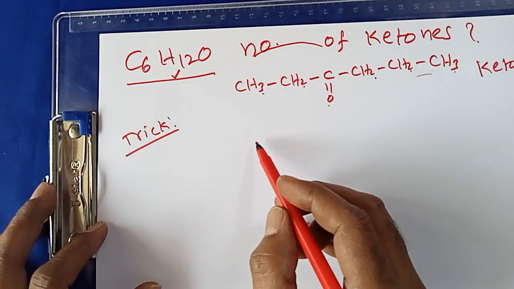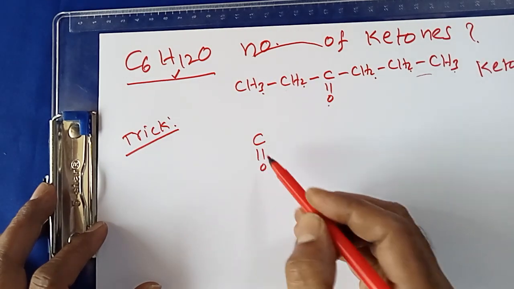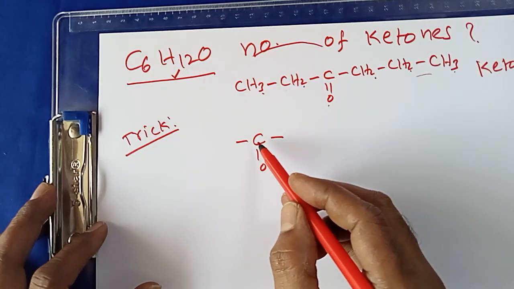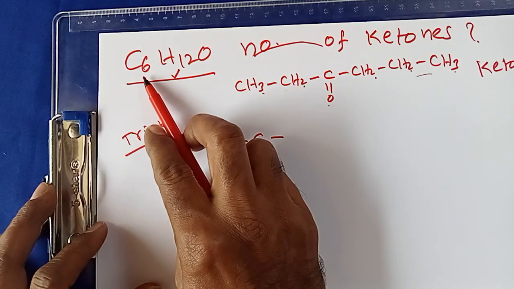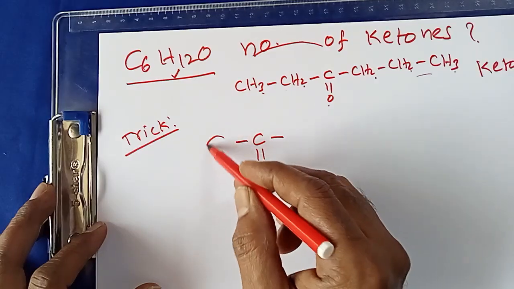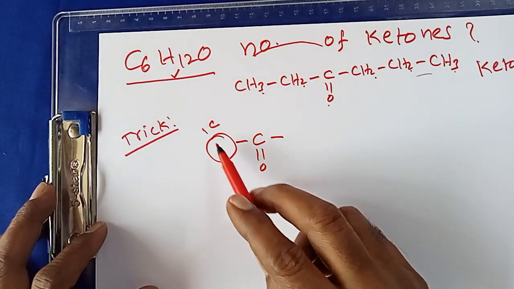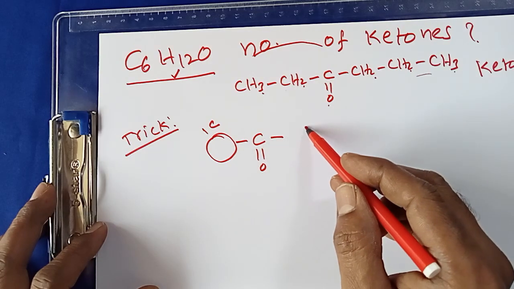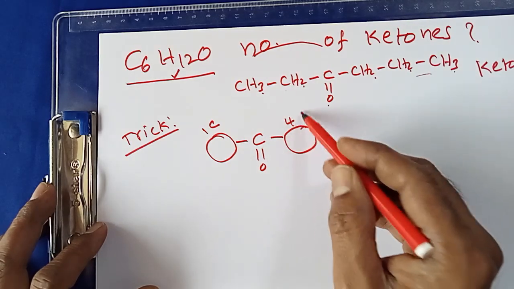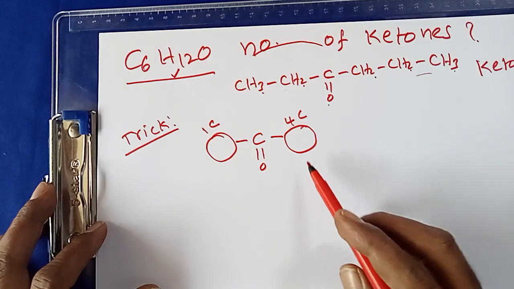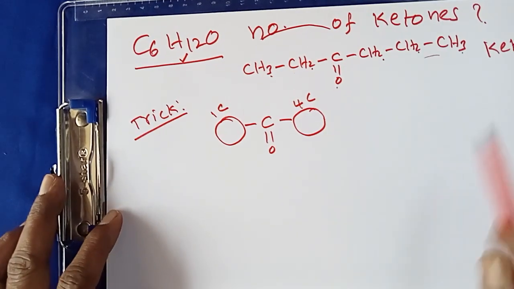First, here what is the functional group? C double bond O. Now C double bond O means 1 carbon is over. Out of 6 carbons, the remaining 5 carbons are remaining. This side first you can write down 1 carbon. 1 and 2 completed. 4 carbons, this side how many carbons are remaining? 4 carbons. So you write down 1 carbon ketone.